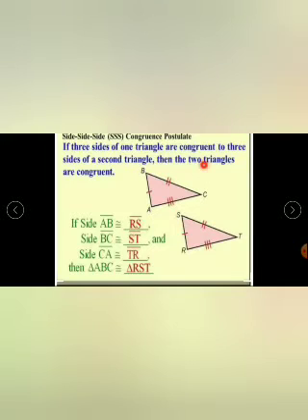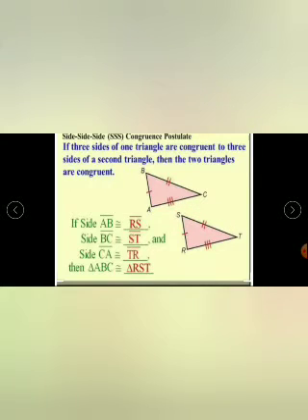Similarly, here look at the two triangles ABC and RST. Now we can see which sides are equal. Here AB equals RS, isn't it? Here they have one marking, here also one marking. That means these two sides are equal. Now taking the equal side of BC, what is it?